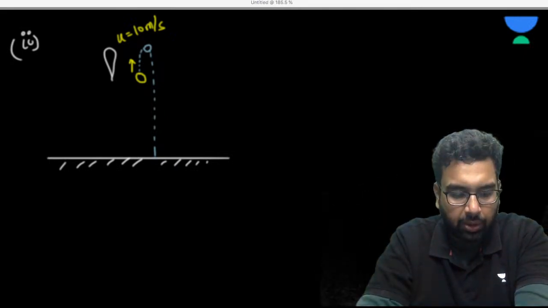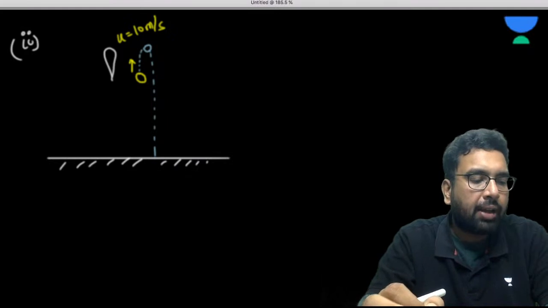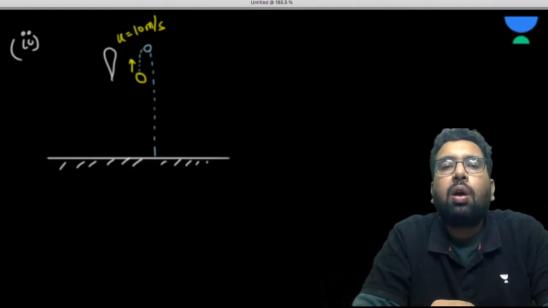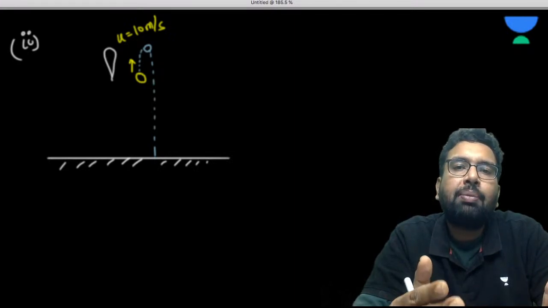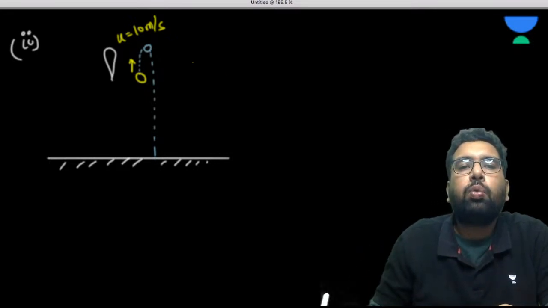Now, do you agree to this or not? As soon as the stone is dropped at this point, since it is having some upward velocity initially, it will move by some distance upward, and afterward it starts to fall down. So what you are asked is, what is the maximum height it is going to reach?